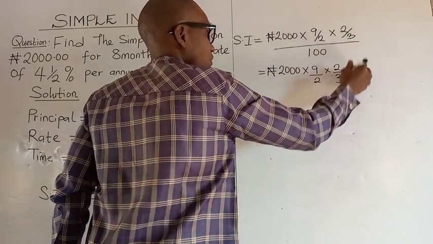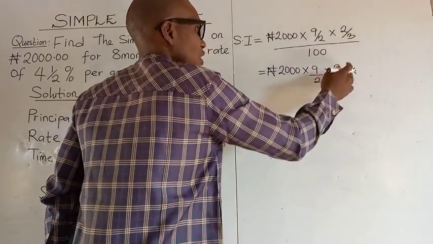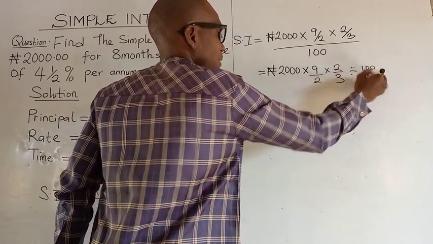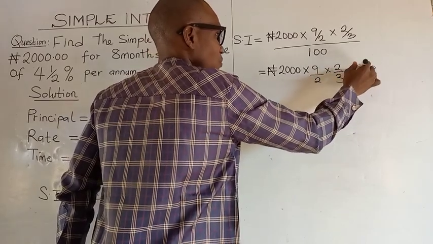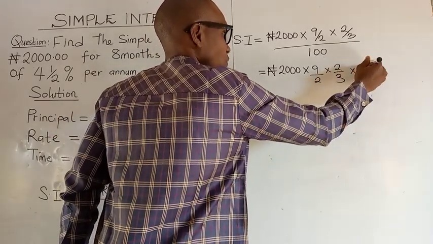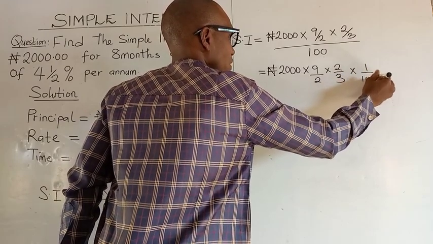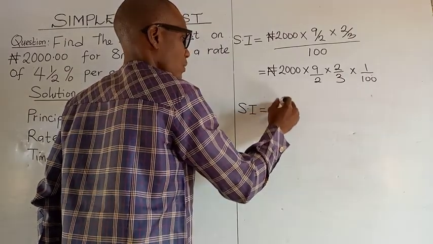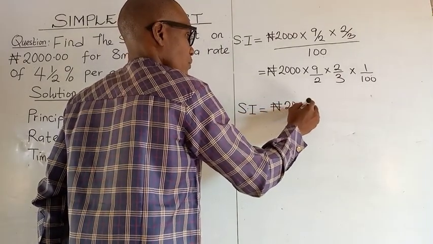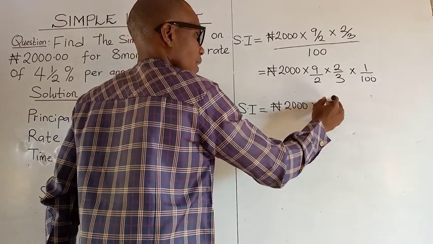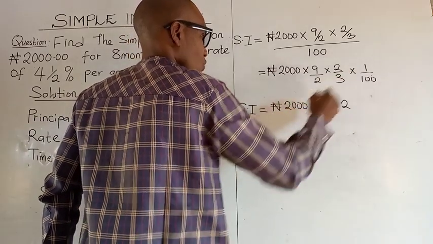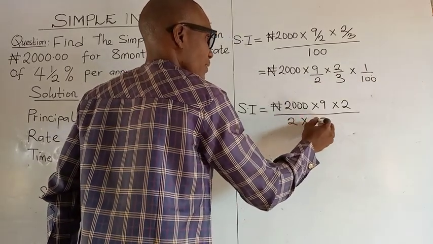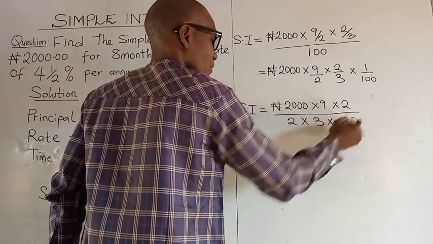If this 100 is going over to this place, dividing by 100 becomes multiplying by 1 all over 100. So we have our simple interest to be 2000 multiplied by 9 multiplied by 2 all over 2 multiplied by 3 multiplied by 100.